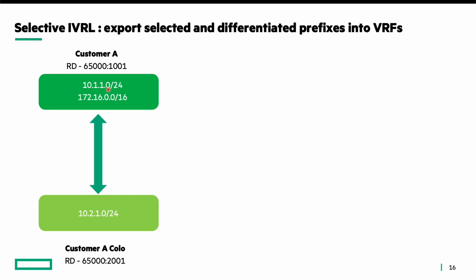That's why I represented dark green and light green for the co-location with different RDs. So here we need to exchange all the routes, as if it's one single network under the same administrative control. We want to exchange all the routes which are depicted here.